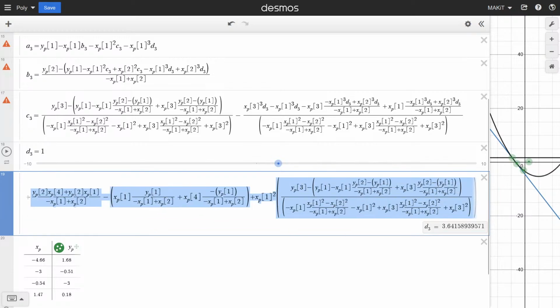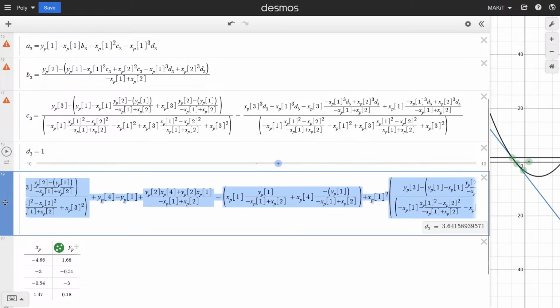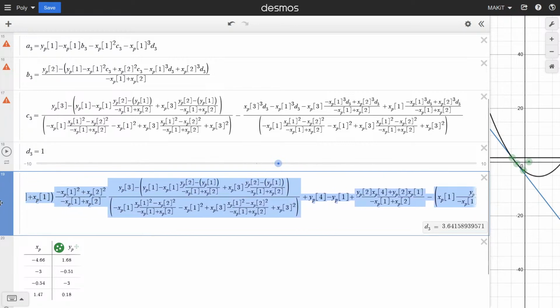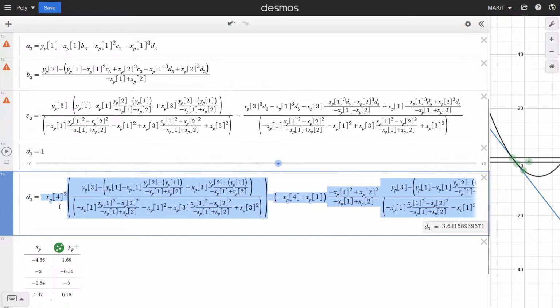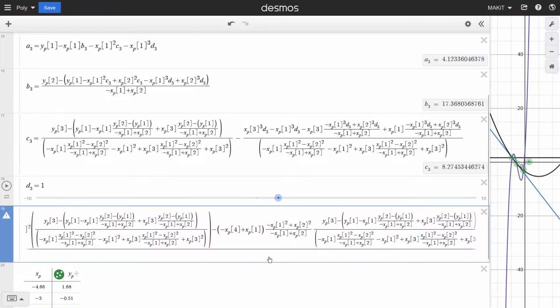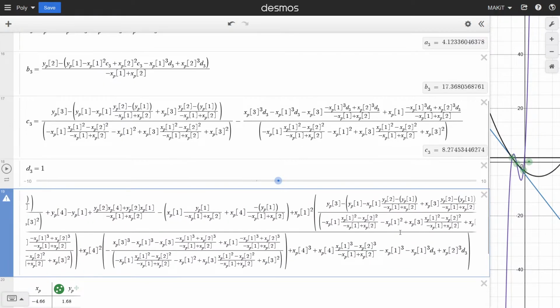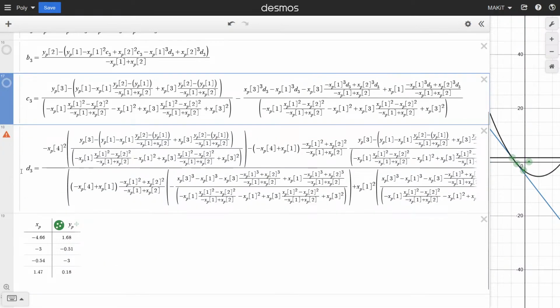Great. Start the right, go the left. Divided by this. Remove that.